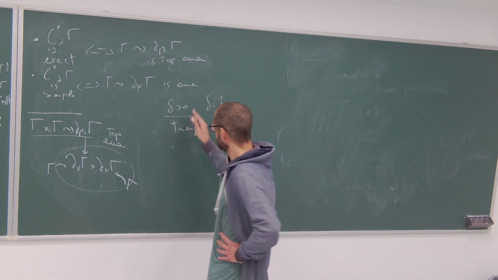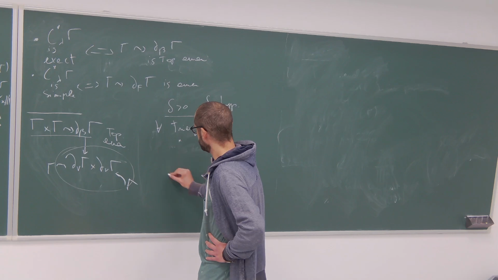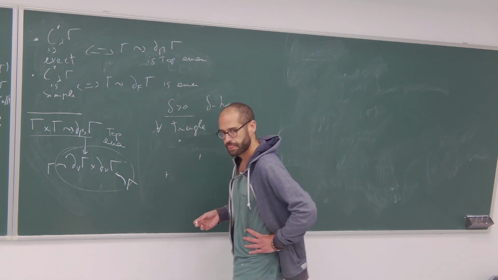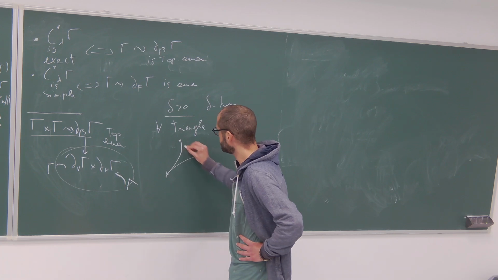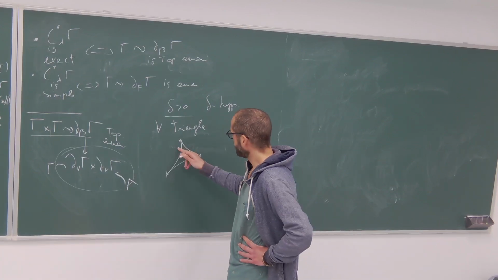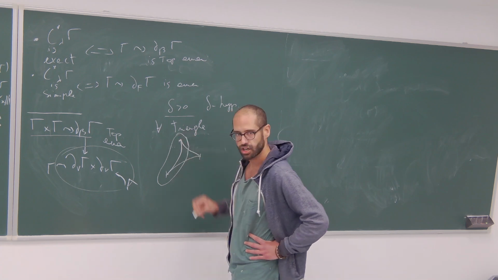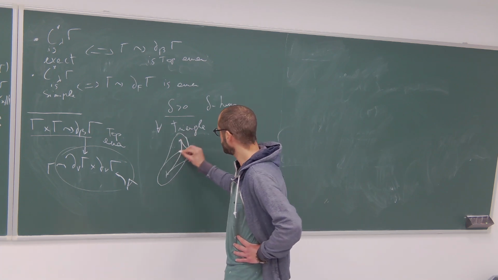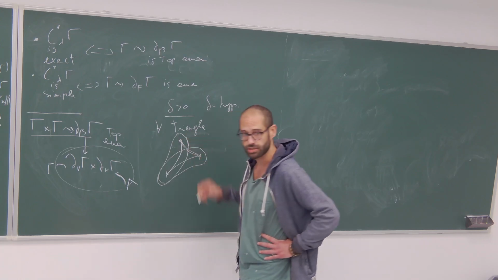and now the point is the following, that for every triangle constructed, take 3 points here, we take a choice of geodesics from these 3 points, and the point is that if I take the delta neighborhood of this geodesic and the delta neighborhood of the other geodesic, they contain the third geodesic.